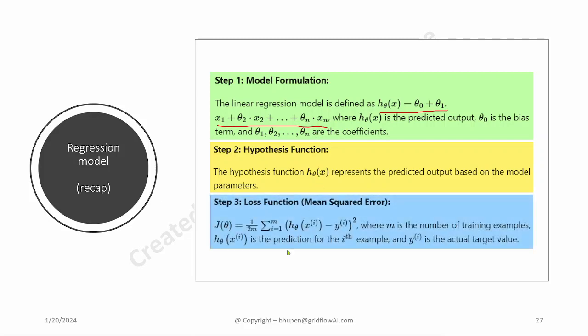And the loss function is the error in the prediction. So this is your prediction. This is the actual value, and the square it. So it's going to give you mean square error. Sum them up and normalize by dividing by the number of samples. So this is your loss function in a traditional linear regression.